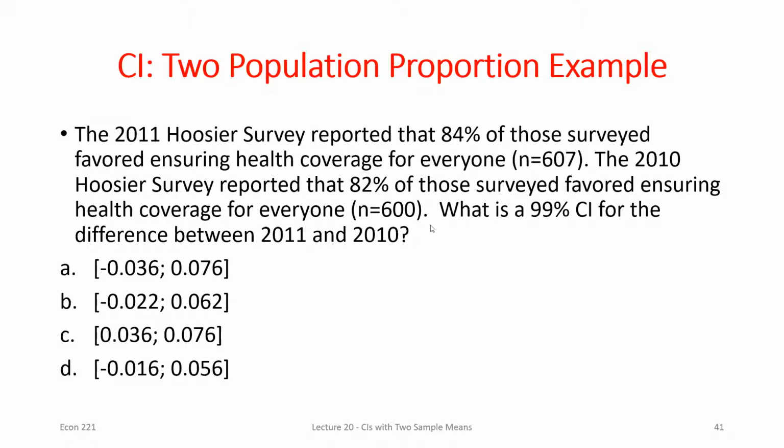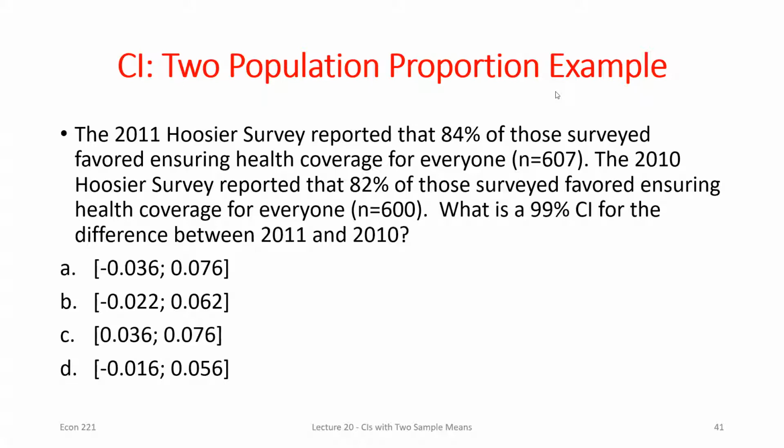So we're thinking about the difference between the newest year and the oldest year. Anytime you're looking at change over time, always think about your group 1 as the most recent year, and group 2 as your older year. So here, what would our alpha be? 99% confidence interval, so alpha would be 0.01.